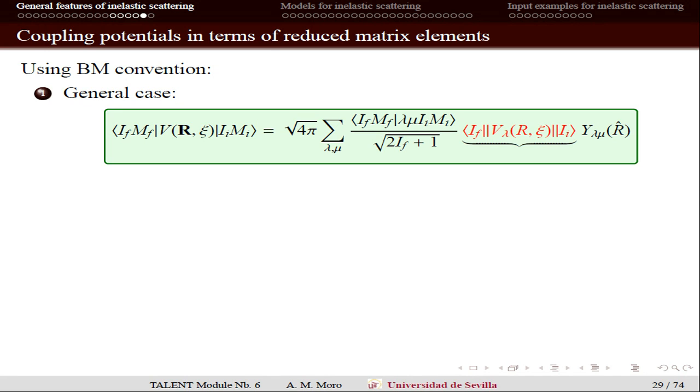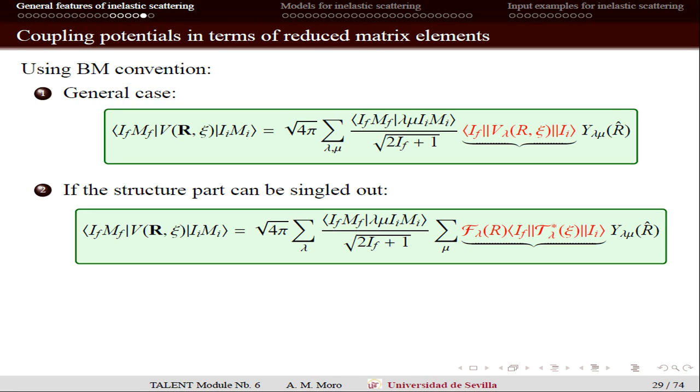We have this Clebsch-Gordan coefficient with this factor times this reduced matrix element. Or if we can separate, as we saw before, the radial part from the structure part, then we will have the reduced matrix element of this T object times the radial part. So this, in red, will become this.